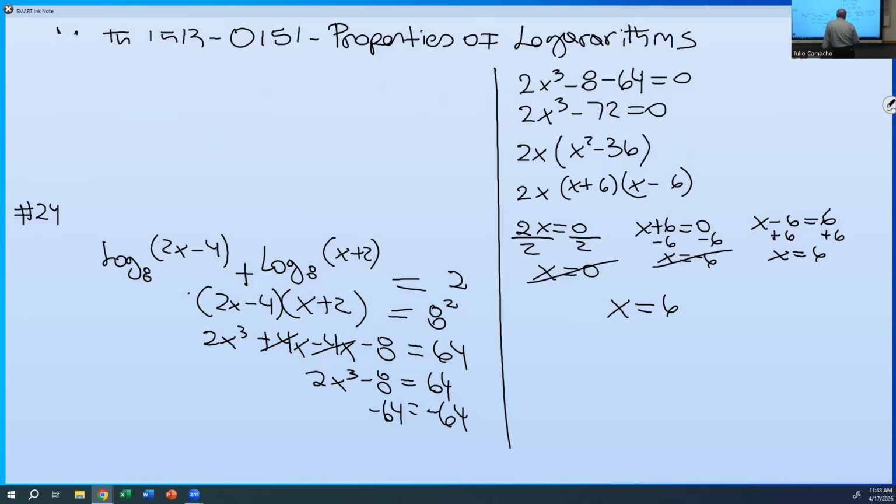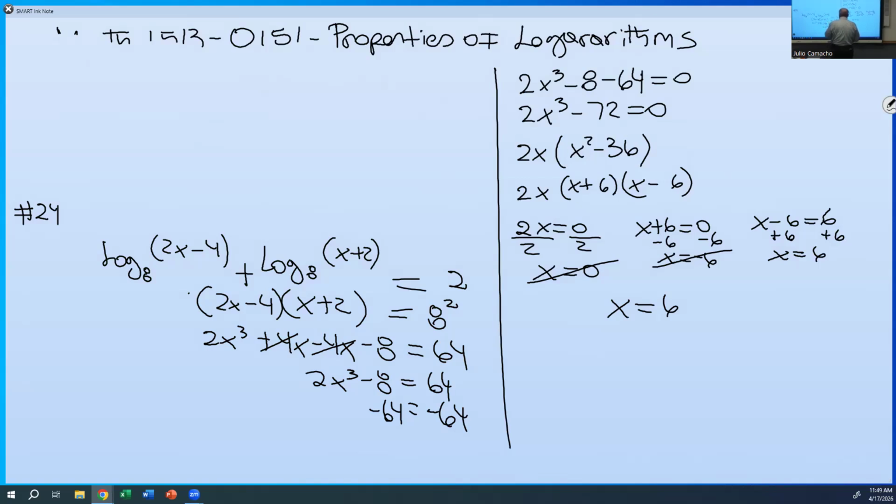That is one of the rules for our logarithm. The exponent cannot be 0, and also it cannot be a negative number. So the answer for number 24 will be x is equal to 6.